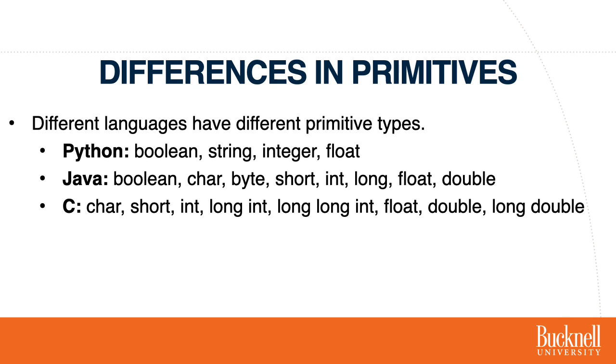C has characters, but does not have booleans. C++ adds booleans later. It has short int, long int, which are pretty much the same types of integers that Java has, but with slightly different names. It also has float, double, and long double, meaning that it has a third type of float for even bigger floats than Java.